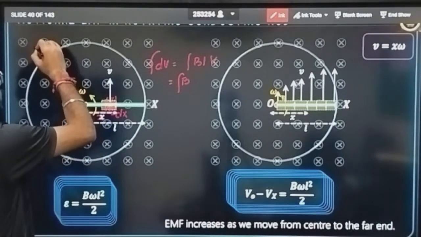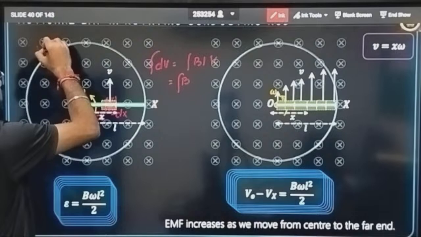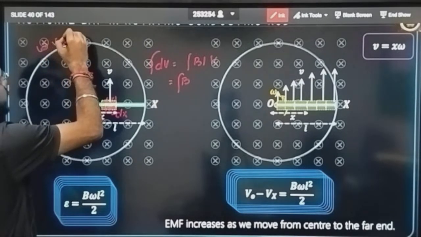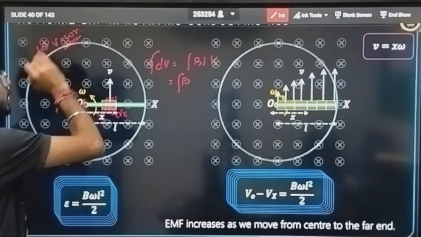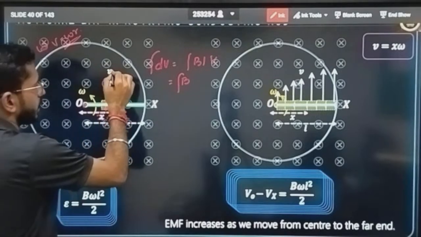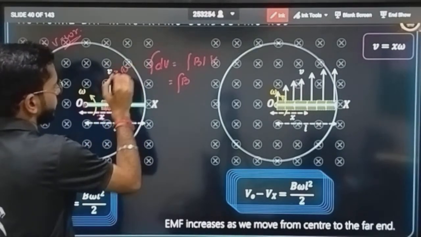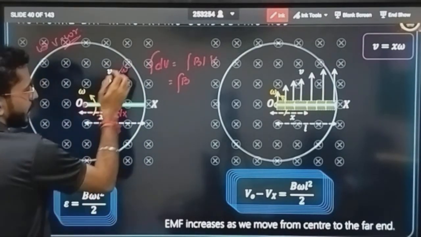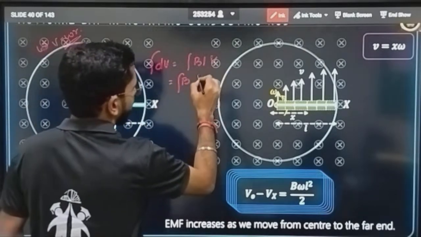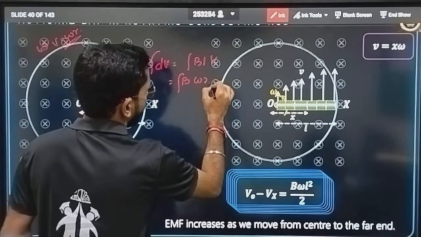What is the relation between velocity and omega? This is rotating with some omega. You can write V equals omega into R. That means the velocity at this point is omega into x, the distance you have taken.